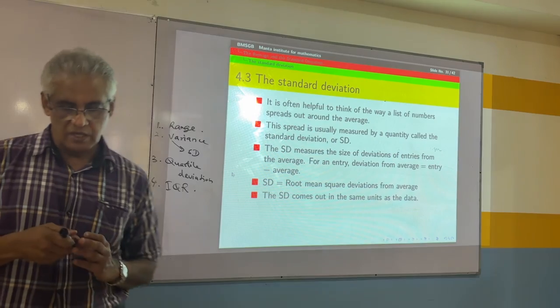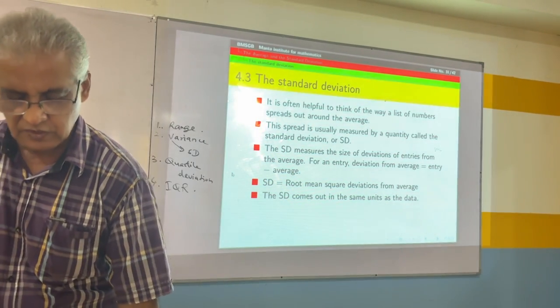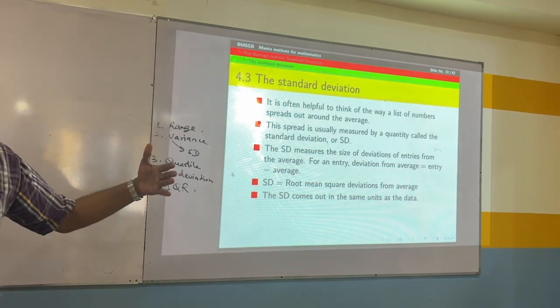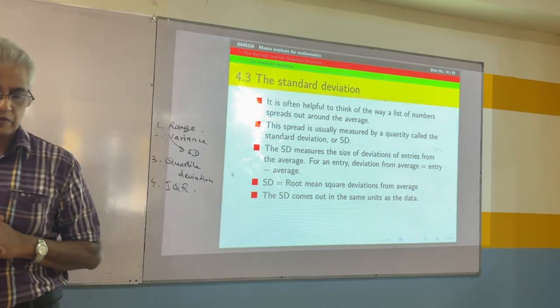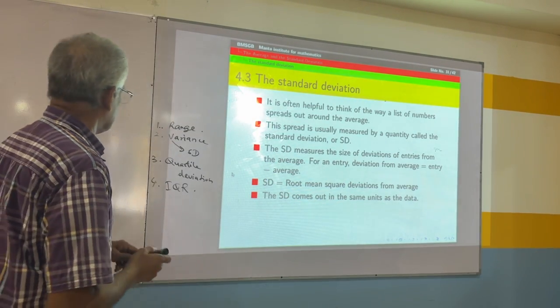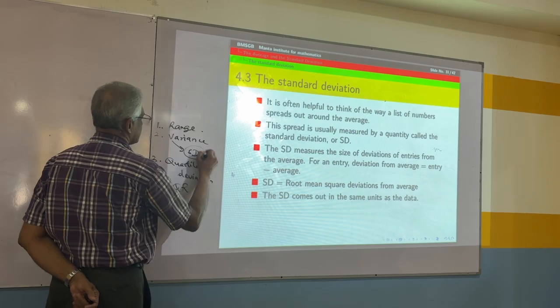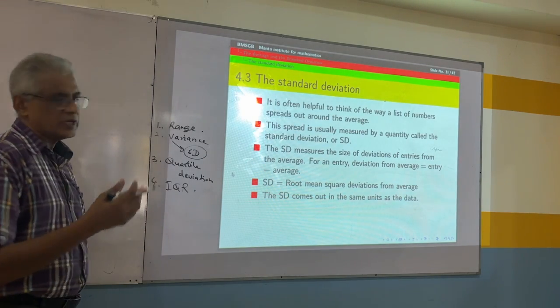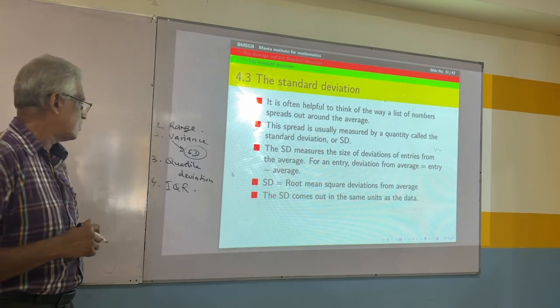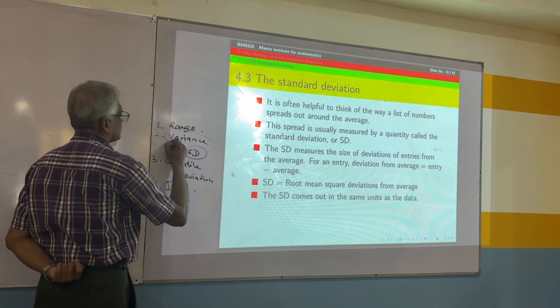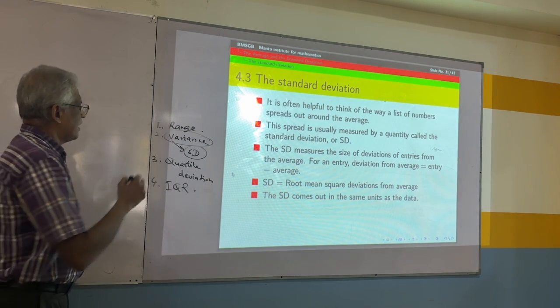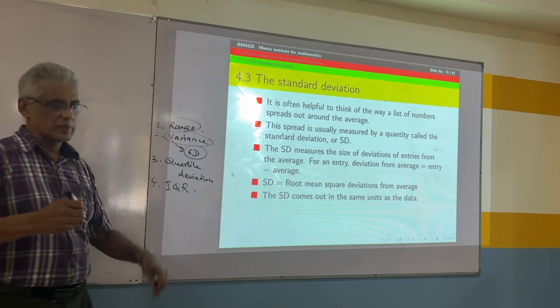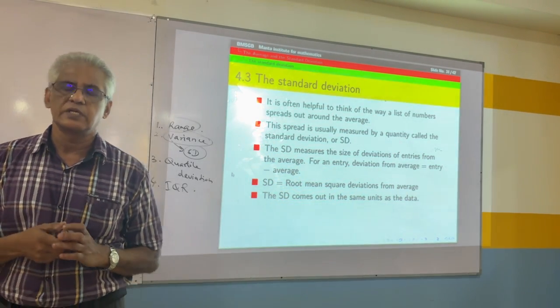So all these are used in different situations as measures of the spread of the data. So here in the book actually they talk about the standard deviation. But before getting the standard deviation, we have to get something called the variance. The range is of course a very, very primitive measure of the dispersion.